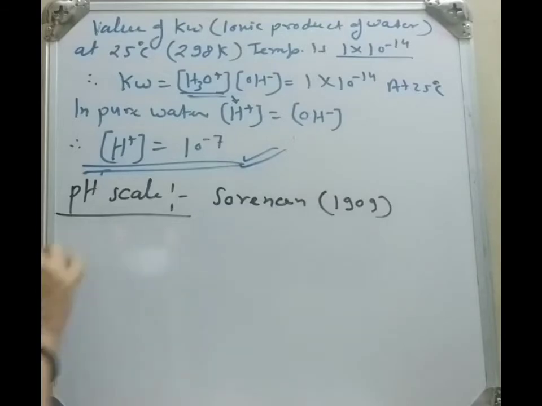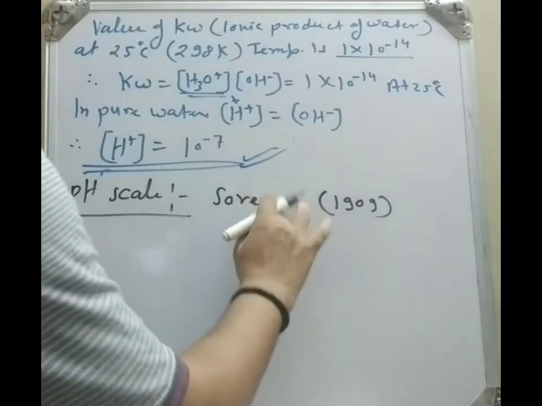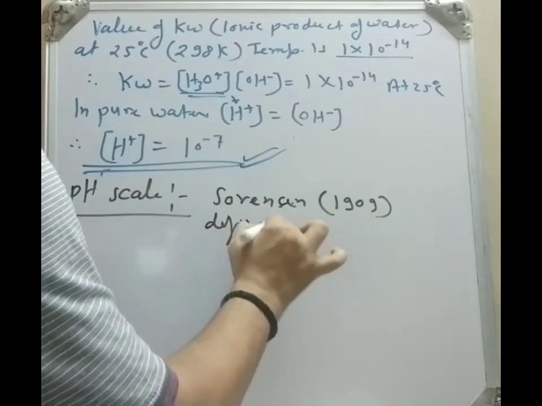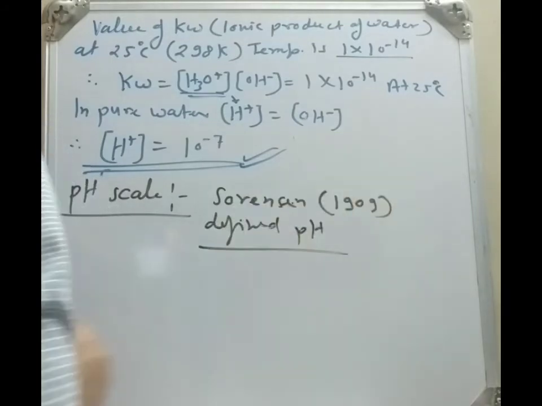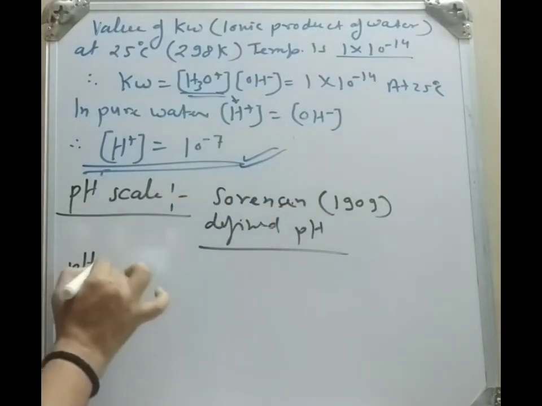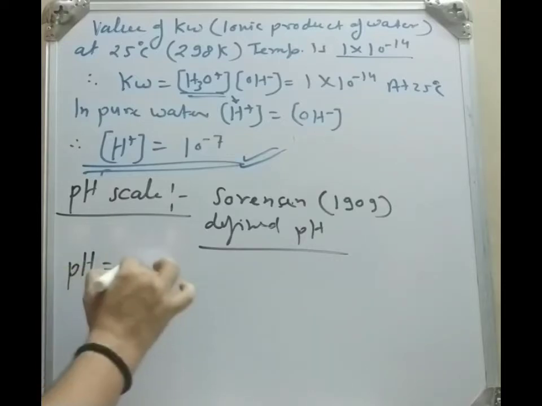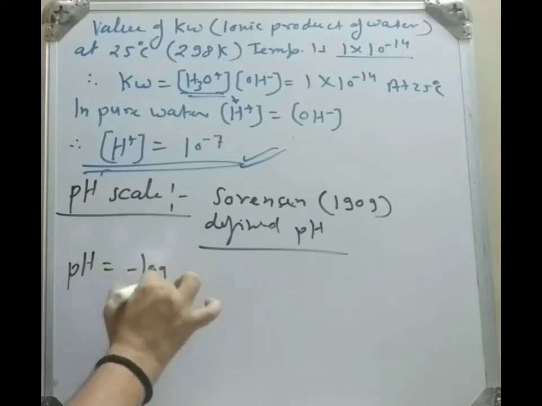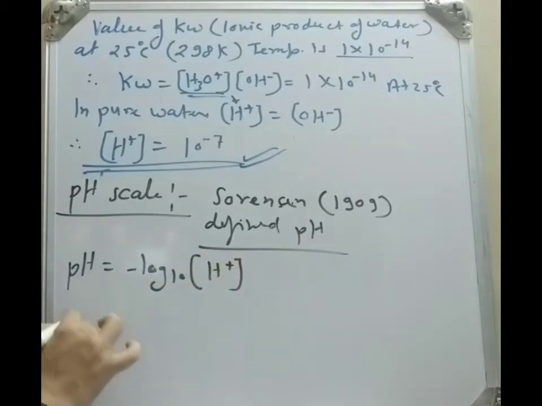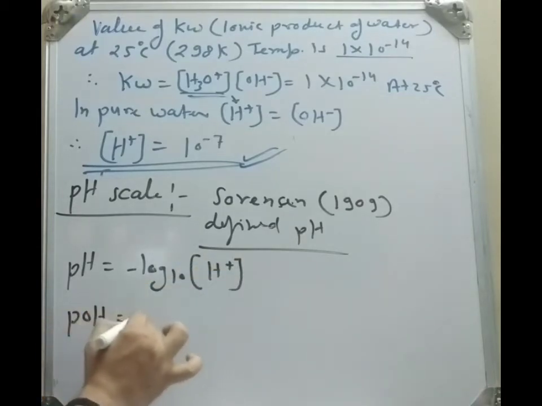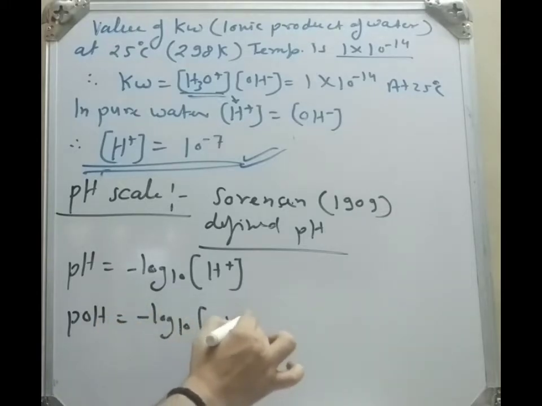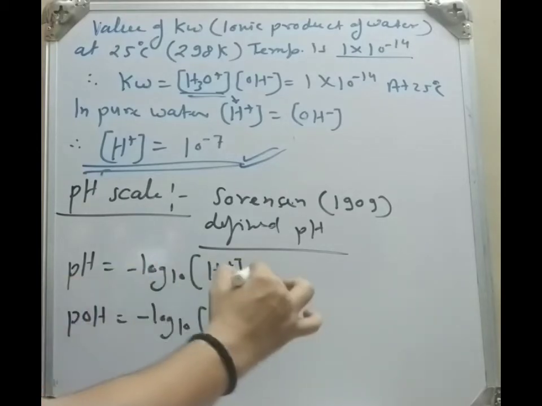Sorensen first gave this definition of pH, and the pH scale is used to identify the acidity and basicity of a solution. What is this pH? According to this, pH is the negative logarithm of H plus concentration. Similarly, pOH is the negative logarithm of OH minus concentration, so minus log to the base 10 of OH minus concentration.